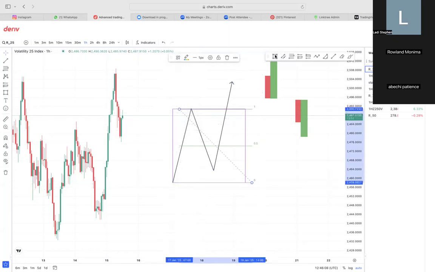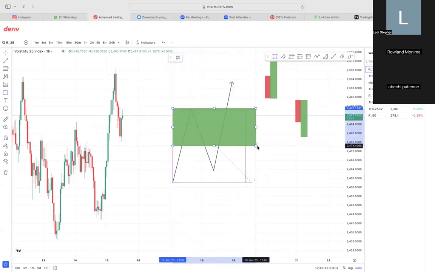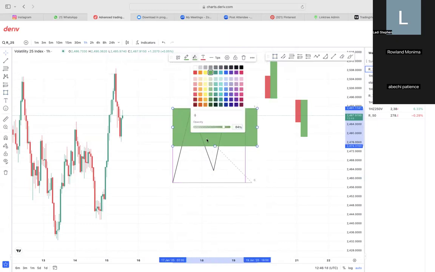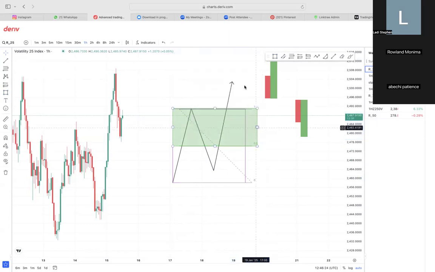So whenever price moves, like we have already established, price doesn't go up forever. Price goes up and comes down, and goes up.